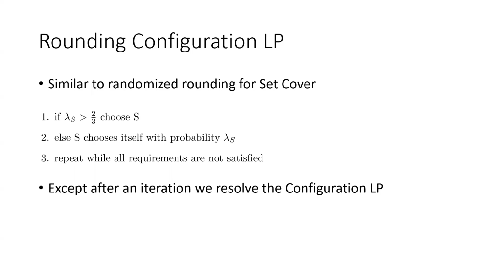What we do is we take the lambdas of the cuts, and if the lambda is big enough, then we will pick it anyway. In this case, we chose it to be bigger than 2/3, and if not, then we choose it with probability lambda. And we repeat this process until all the requirements are satisfied.